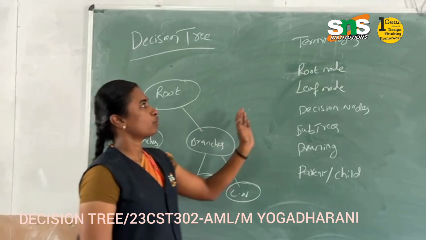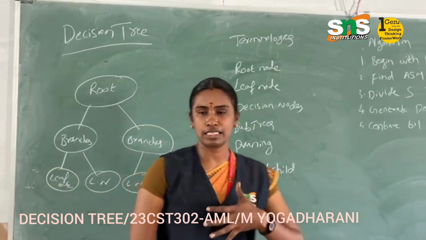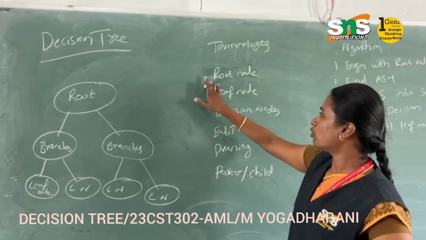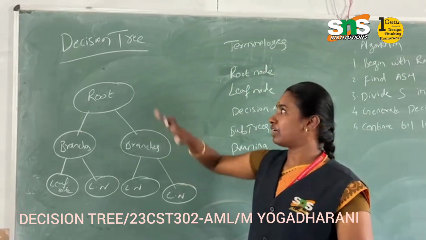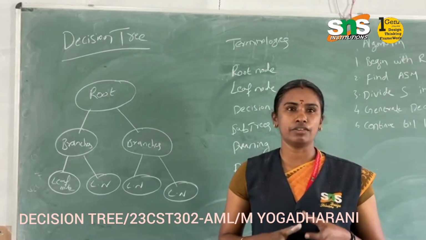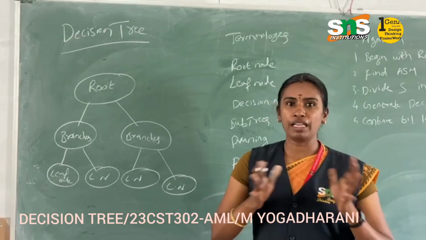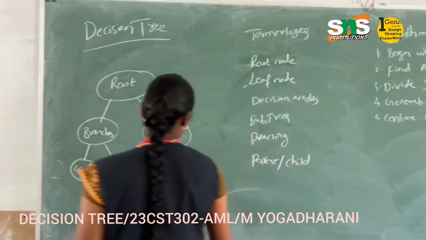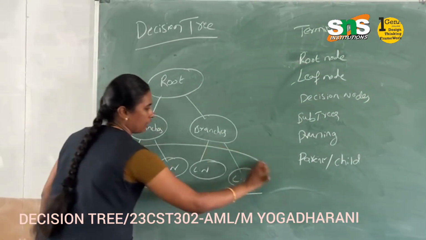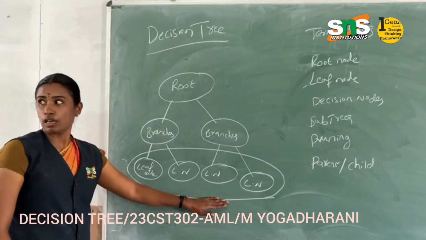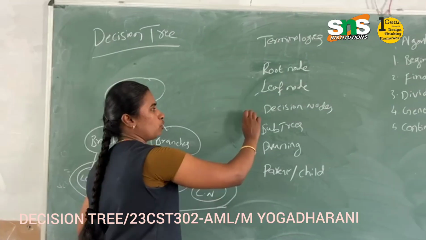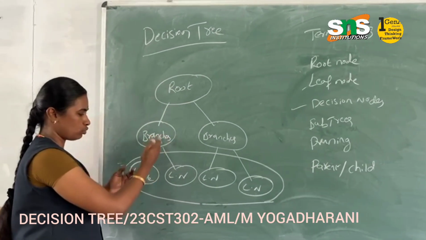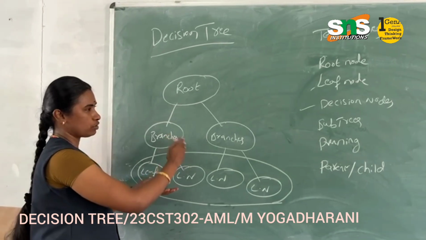So next, move on to the terminologies which are used in a decision tree. The first one is the root node. As I told you already, the root node is the first step of a decision tree. It contains the features of the complete data set. And then leaf nodes. Leaf nodes are the last level of the tree, and these leaf nodes contain the outcome. At decision nodes we take a decision: if it is correct, it goes to the left subtree, and if the decision is right, it goes to the right subtree.